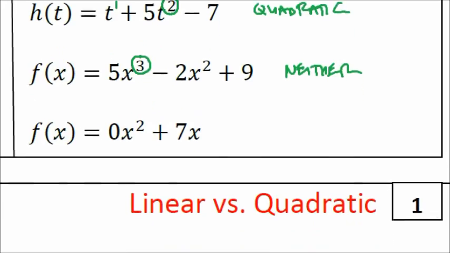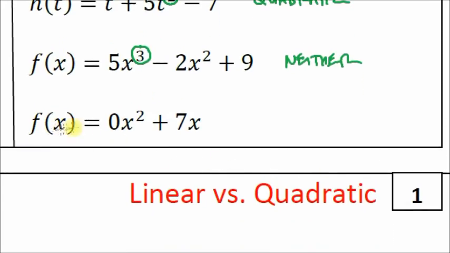Now the last one can be a little bit tricky. f of x is equal to 0x squared plus 7x. You may be tempted to circle the 2 and say this is a quadratic, but here's the problem. Because x squared is being multiplied by 0, that whole term is going to evaluate to 0.